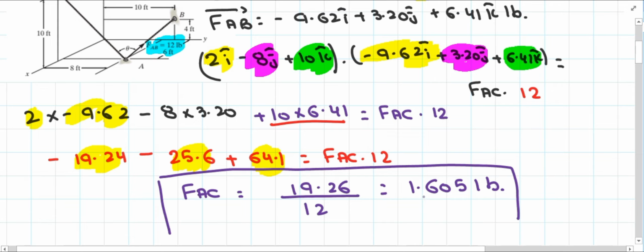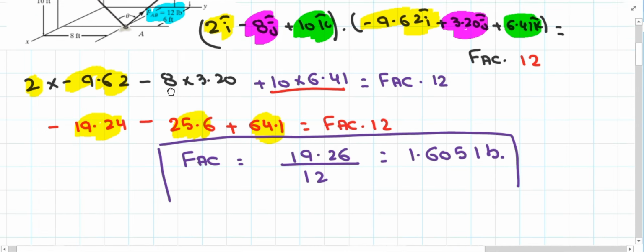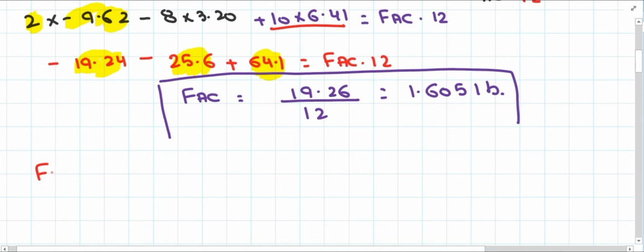But remember that this is the magnitude form. If the question demands that we find its vectorial form, how can we do it? We know that the vectorial form of FAC is equal to the magnitude of FAC times the unit vector.